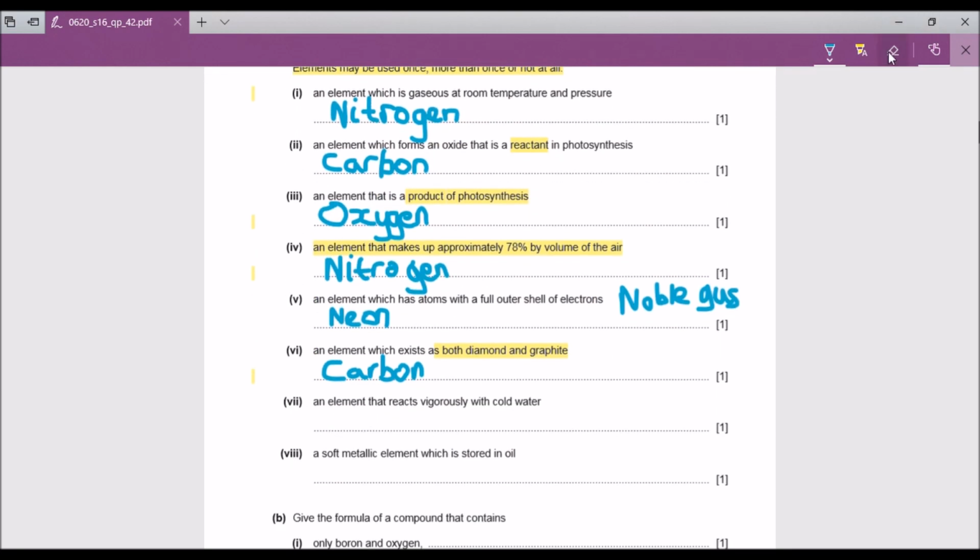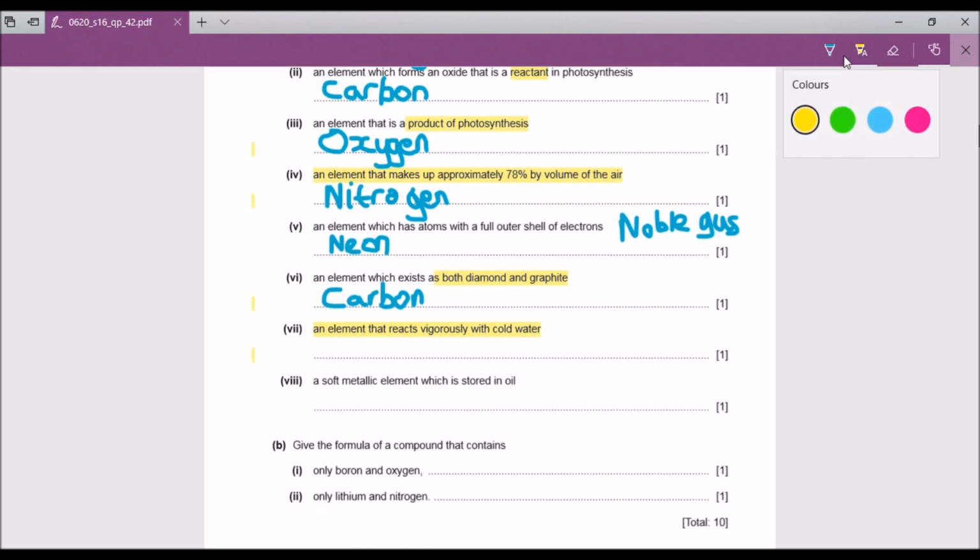And the next part is an element that reacts vigorously with cold water. The answer for this is basically an alkali metal, which, looking at the periodic table given for this, is lithium.